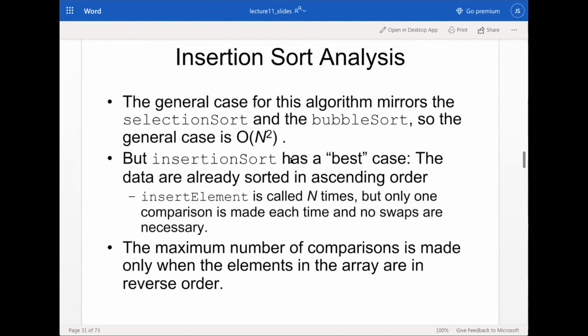Okay, that would be the case where you have the best case scenario to give you the maximum, actually the best efficiency out of the other two simple sorting algorithms.